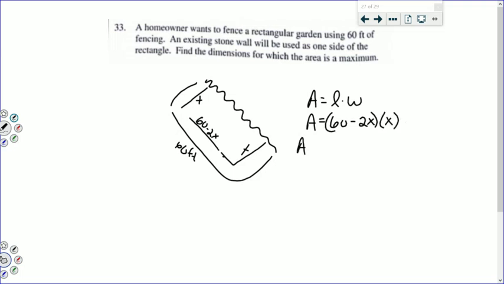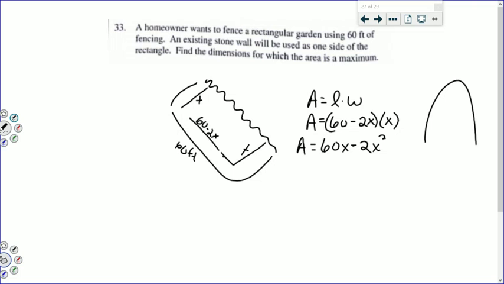So our area equation is going to be 60x minus 2x squared, and we want to maximize that. Since this is negative on the x squared term, where this is a, and this is b, and c is 0, we're going to have a maximum.